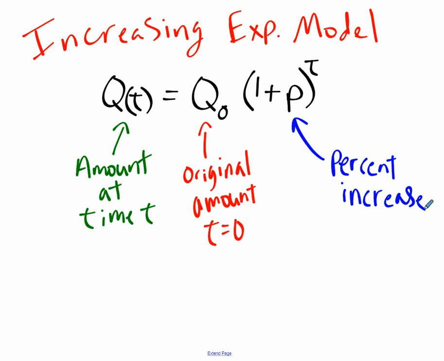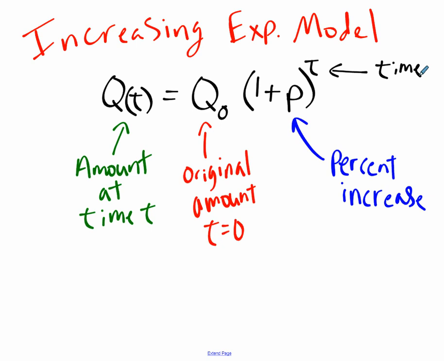Remember that when it gives you the percentage, you have to change it to decimal form by dividing by 100 first. Or putting it over 100 as a fraction will also work. And then this t right here, again, is time. So depending on the problem, it may be years, like in our problem prior to this, but it may be days, and it depends on the problem.